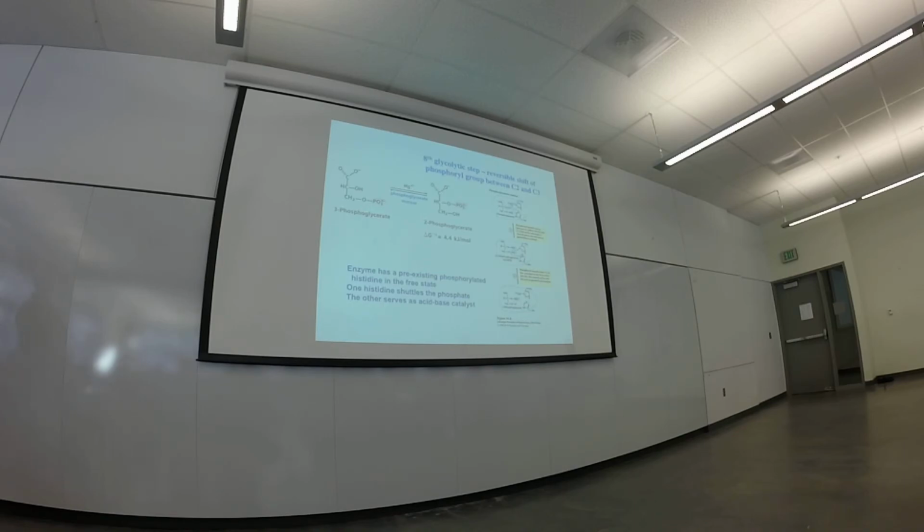So no net change in oxidation state, no net use of any high energy cofactor, simply the employing of an enzyme that was invested with a phosphate group on a key histidine residue in the active site that also has another histidine in the active site. And so together those two histidines are helping this phosphate move from one position to another on the sugar.